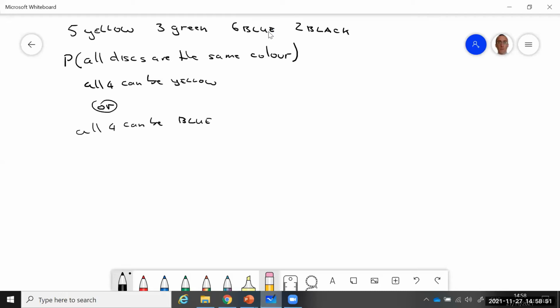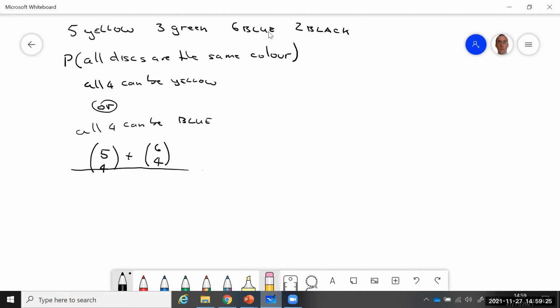So if the 4 are yellow, then it's 5 choose 4, choosing 4 yellow discs from the 5 yellow discs, or choosing the 4 blue discs from the 6 blue discs in total, which is 6 choose 4.